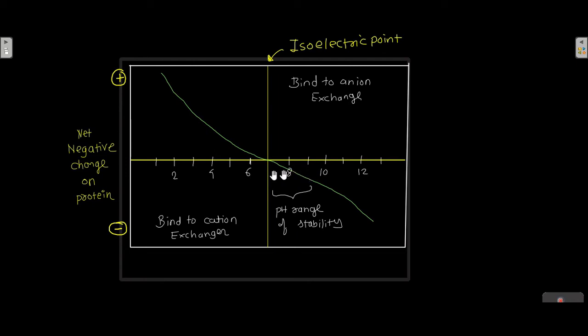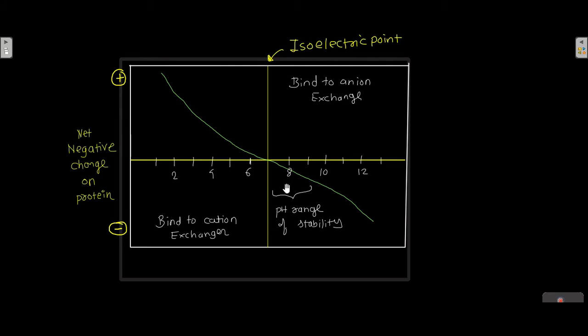Okay, so that is the reason why this range here is known as pH range of stability. So you will make sure that the pH should be in this range of stability, so that the protein which we are trying to isolate is stable and is not denatured.